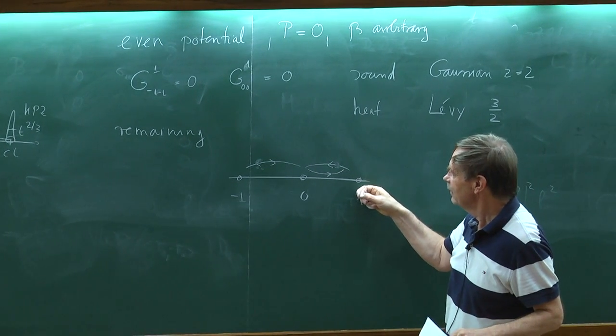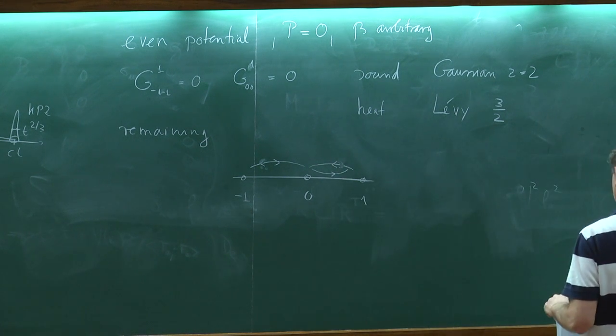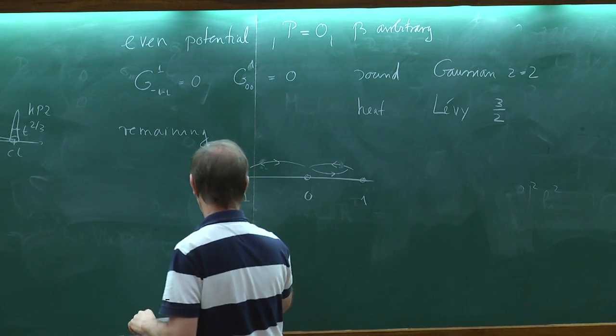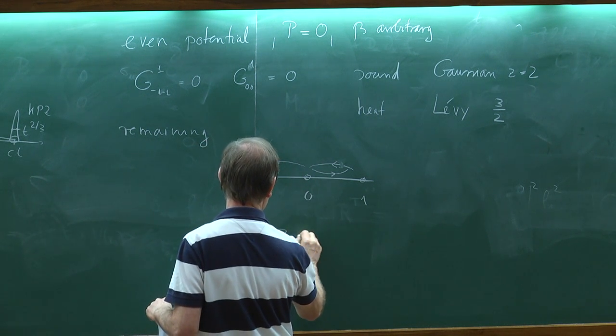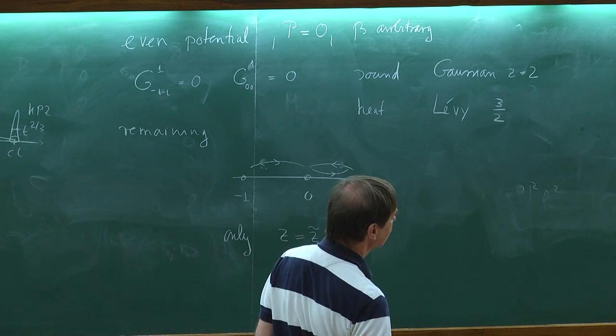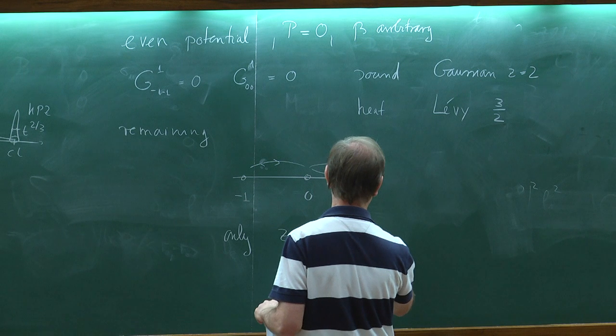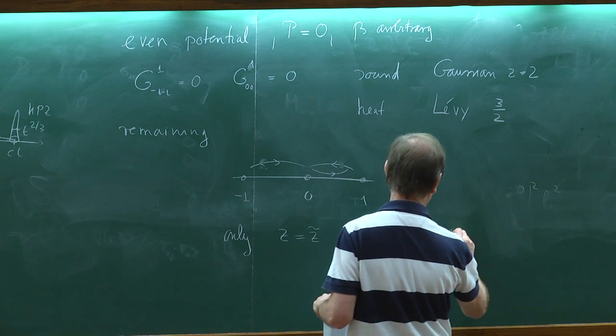But then I do the back scaling, and the only way I can solve this problem, the only solution when I do this back and forth coupling, is that C has to equal B C tilde. If that's the case, then I get an equation for C, and the solution is the golden mean.